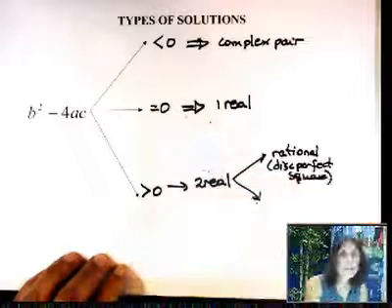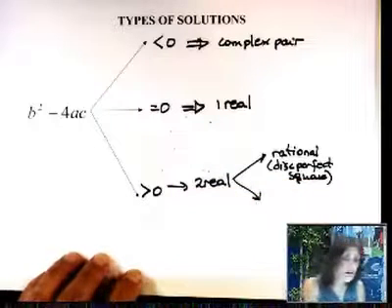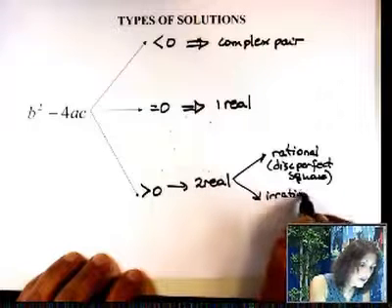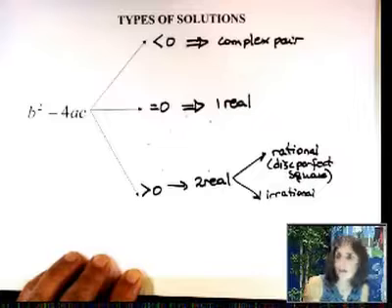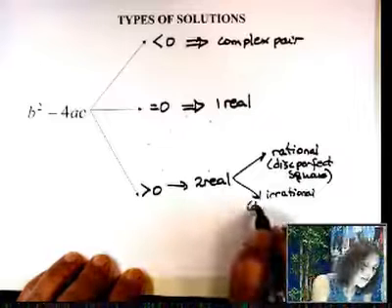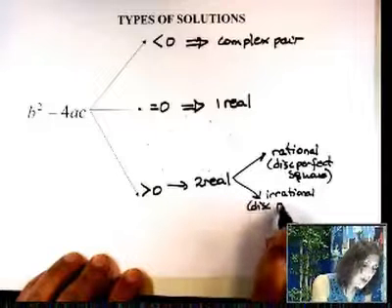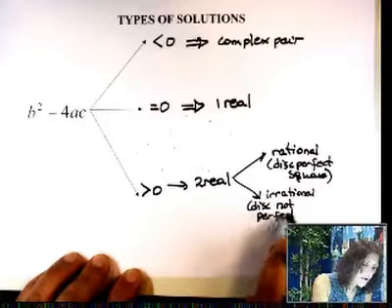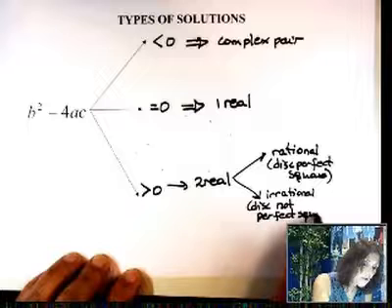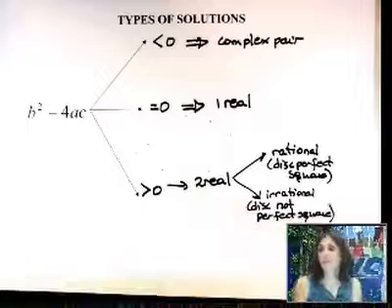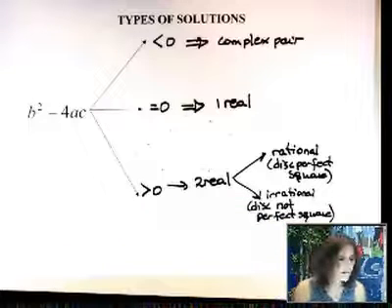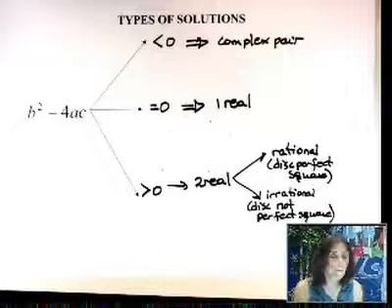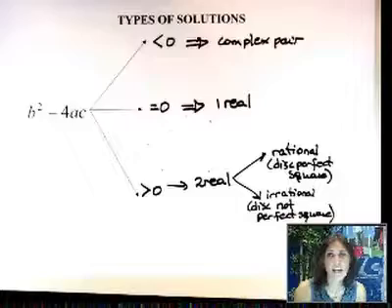When the discriminant was ugly, like 7, 11, those kinds of things, you ended up with irrational real answers. And that means the discriminant is not a perfect square. So this pretty much summarizes it. You either get a complex pair, one real answer, or two real answers, and among the two real answers you either have two rational or two irrational answers.